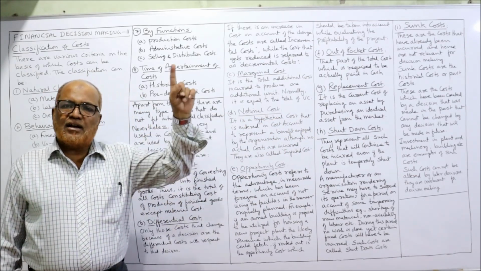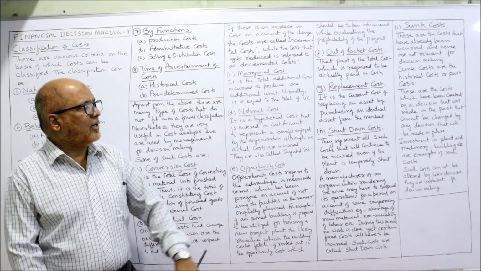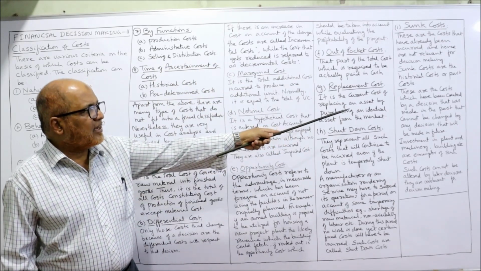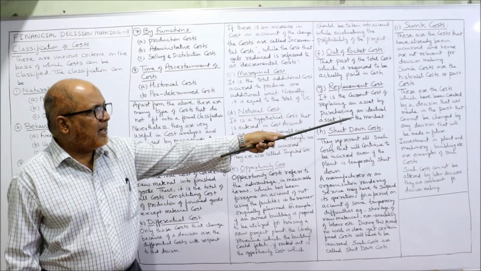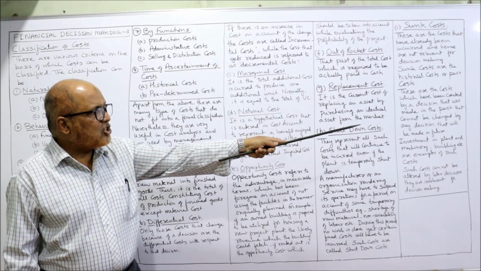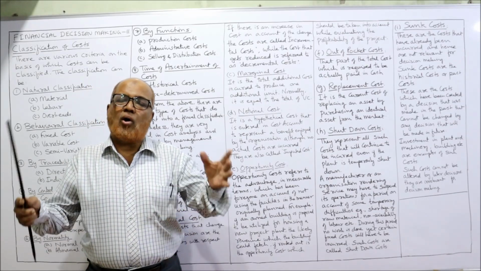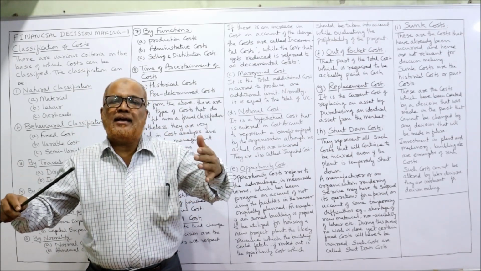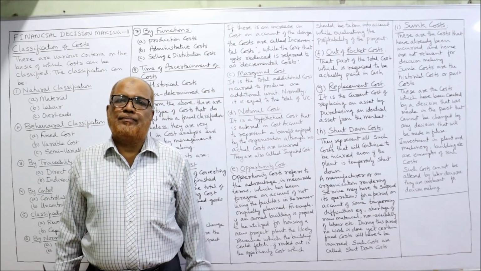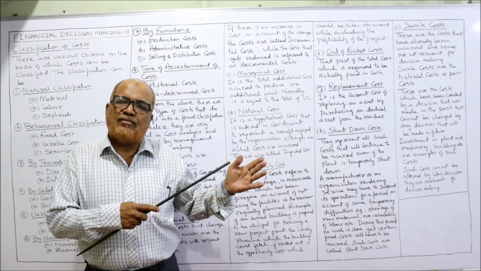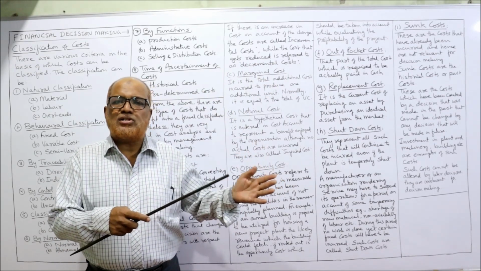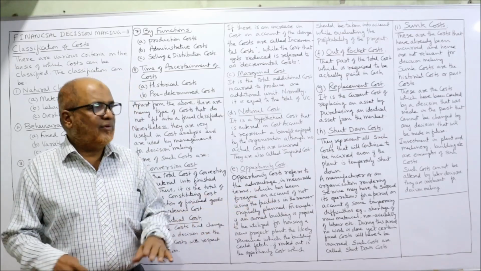These are the costs which have been created by a decision that was made in the past, that cannot be changed by any decision that will be made in future. Already in the past we have taken the decision and incurred the cost, now we cannot do anything in future.